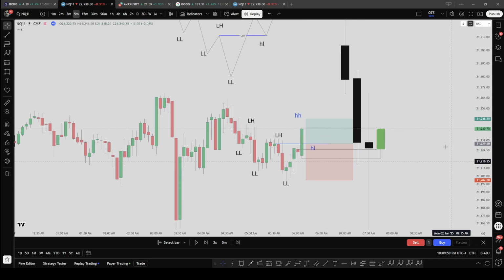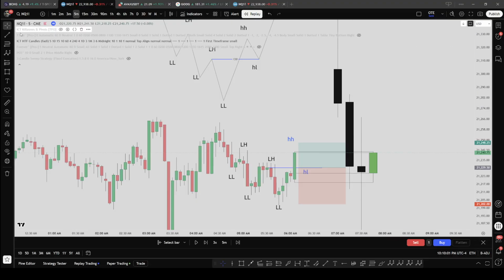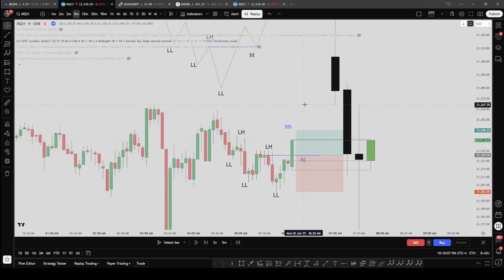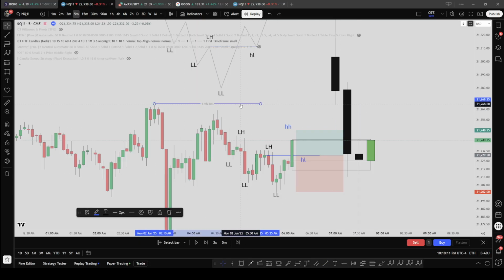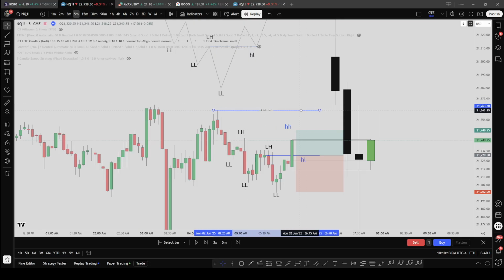And then what am I targeting? This is the 4-hour candles. Okay, so your first target would be this candle 2 high, but usually we would go for candle 1 high.